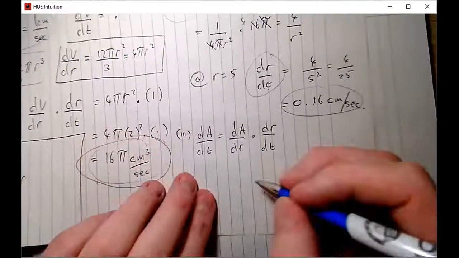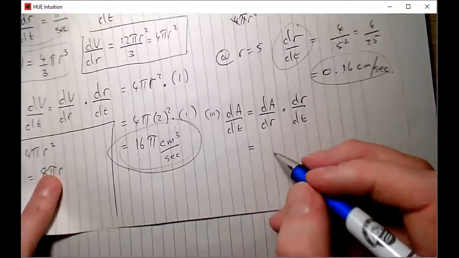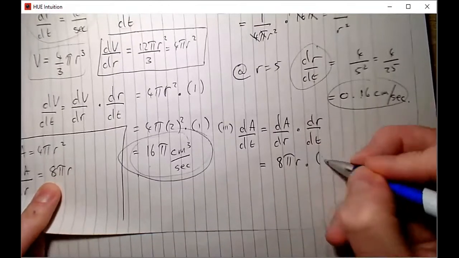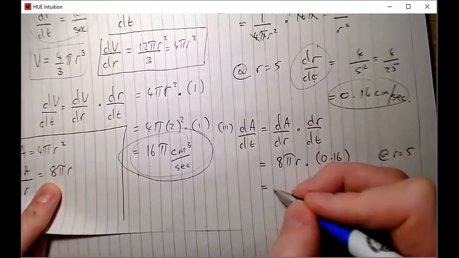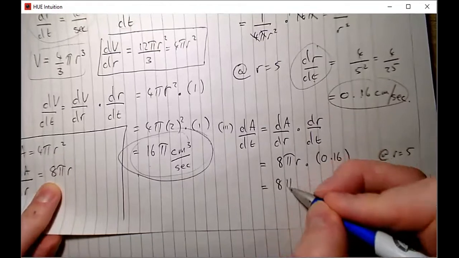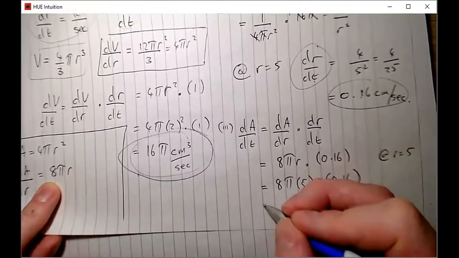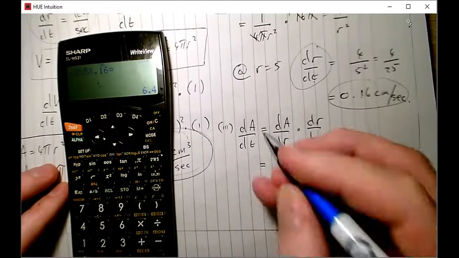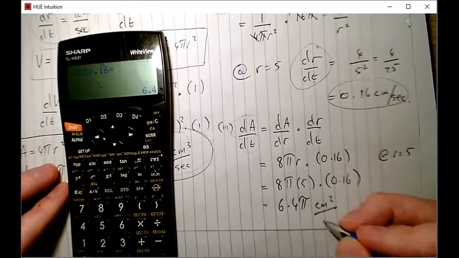So dA/dr, the rate of change of the area with respect to the radius, is 8 pi r, multiplied by dr/dt, which is 0.16. And this is when r is 5. So that's going to be 8 pi times 5 times 0.16, which gets us 6.4 pi. The rate of change in area with respect to time, so that's centimeters squared for area, with respect to time, is seconds.